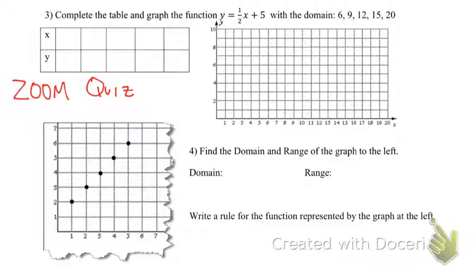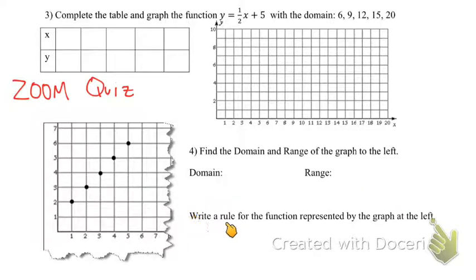So let me remind you of something. So problem number 4, you are given points. And I had mentioned earlier, you should be able to take these points and turn them into a table like this. Okay? Once you do that, here's your domain. Write down your range. Hopefully you remember what those 2 mean.